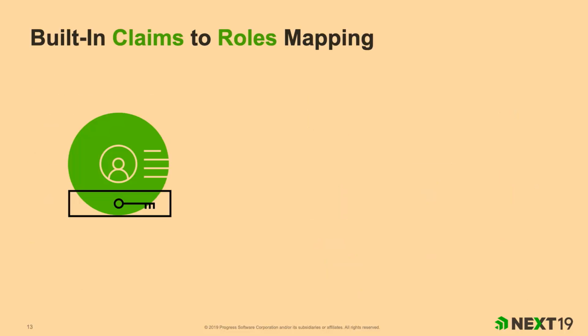So the first good feature is claims to role mapping. Basically, what does this mean? I will just explain it on a higher level, and we'll demonstrate that in a bit in Sitefinity with my demo. It means the users come to our single site login. It may be Sitefinity internal users. He or she chooses to authenticate, or he or she can choose to go to Azure or Facebook for authentication.